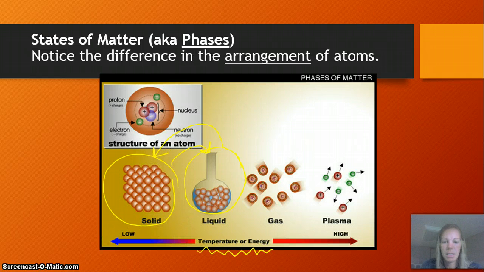Now what's really nice about this diagram too is it shows you, since we also just studied structures of atoms, the atom up here, and it kind of shows you how the atoms might look to the human eye, if you could see them, in the different states of matter. So when water is in its liquid state or liquid phase, then you have these atoms that have some space between them and they're moving more. Solids are packed more tightly and they are moving less, and so forth.